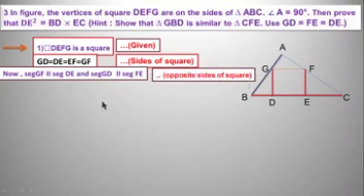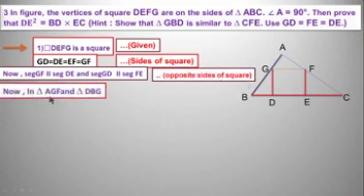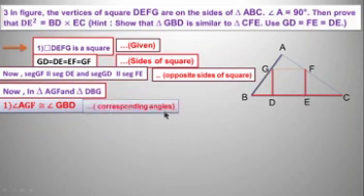Now in triangle AGF and another triangle DBG, statement number 1, angle AGF is congruent to angle GBD, pair of corresponding angles.